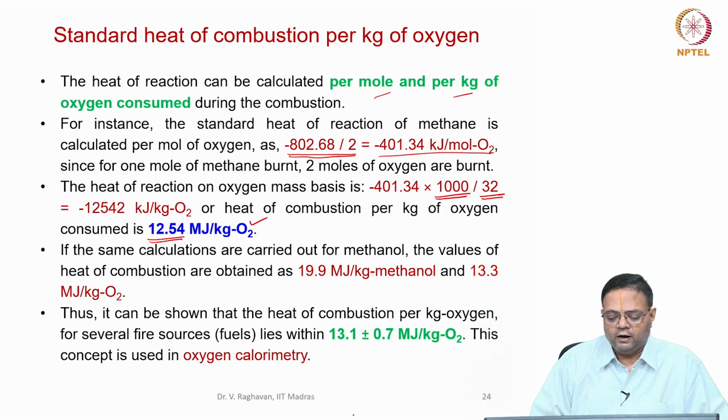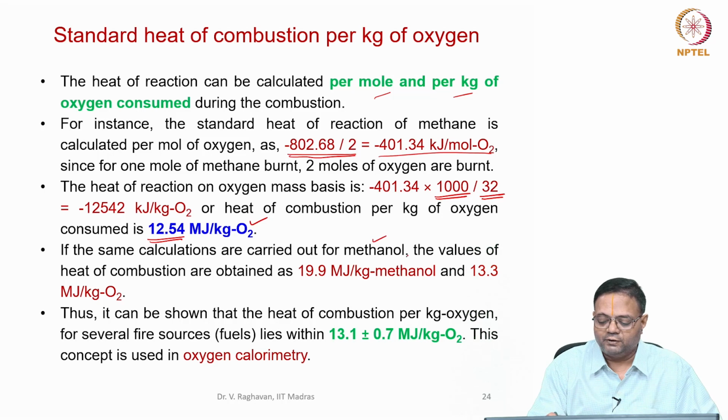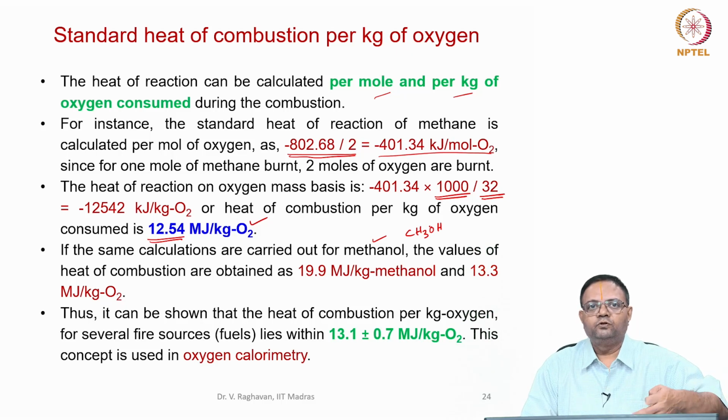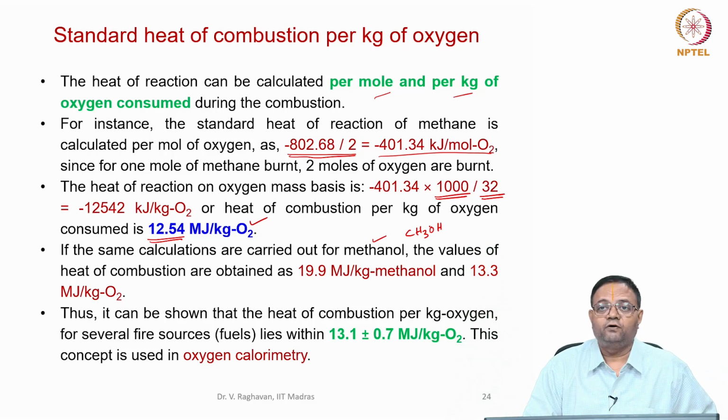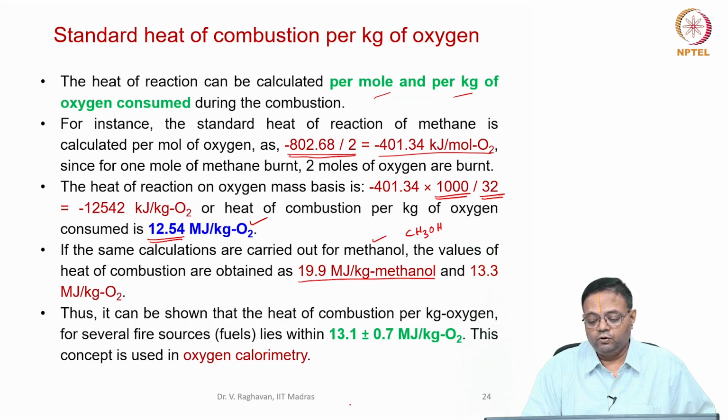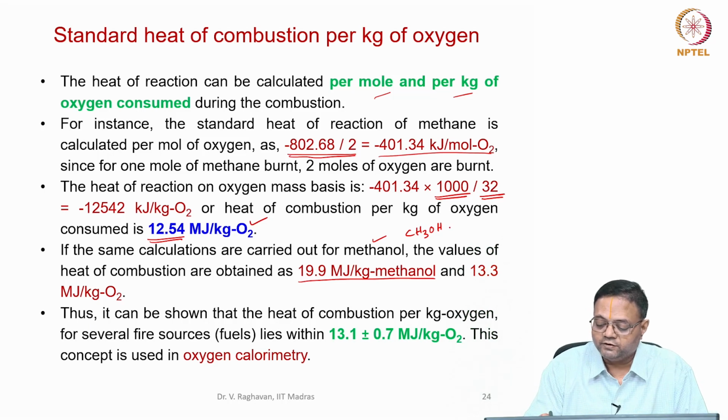So, let us consider one more example, say methanol, which is CH3OH. Using the same thing, but you have to use the heat of formation of methanol. I calculate the heat of combustion as around 20 megajoules per kilogram of methanol. When I write this equation, it will be 1.5 times O2 plus 3.76 N2 giving products.